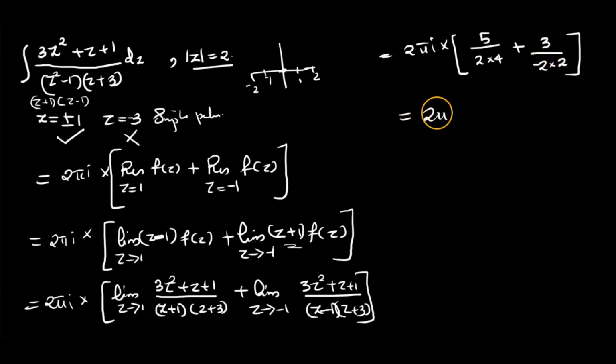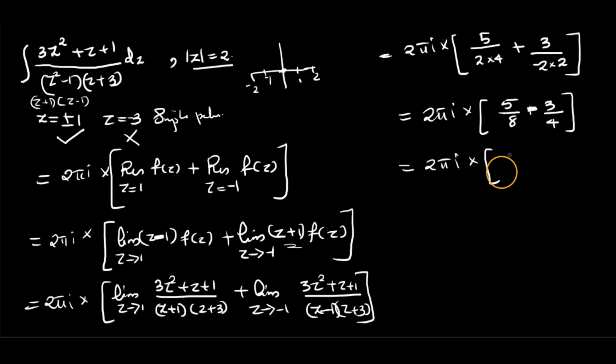This is equal to 2 pi i into (5 by 8 minus 3 by 4). So this is 2 pi i into (5 by 8 minus 6 by 8), that is minus 1 by 8. That is minus pi i divided by 4 is the answer.